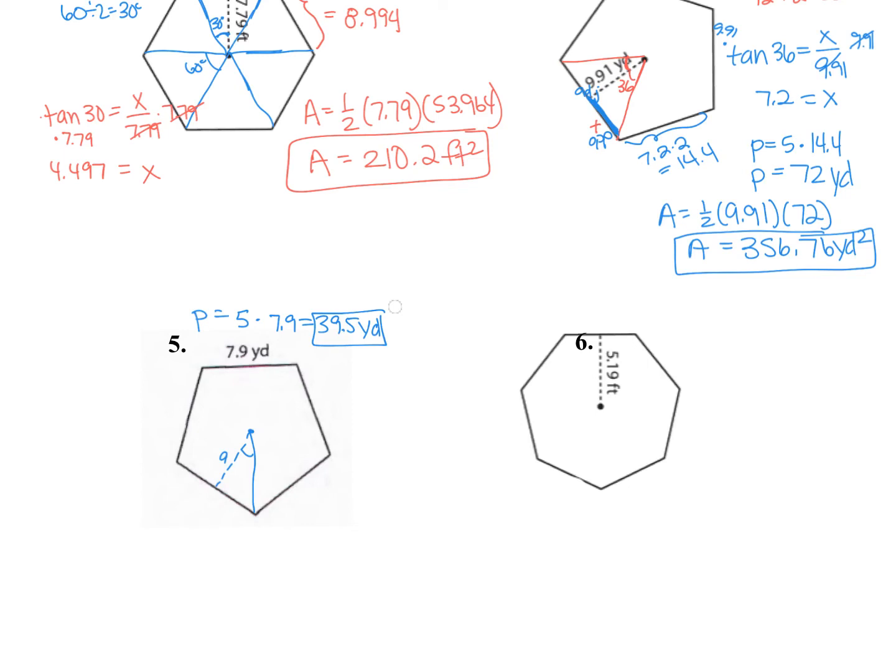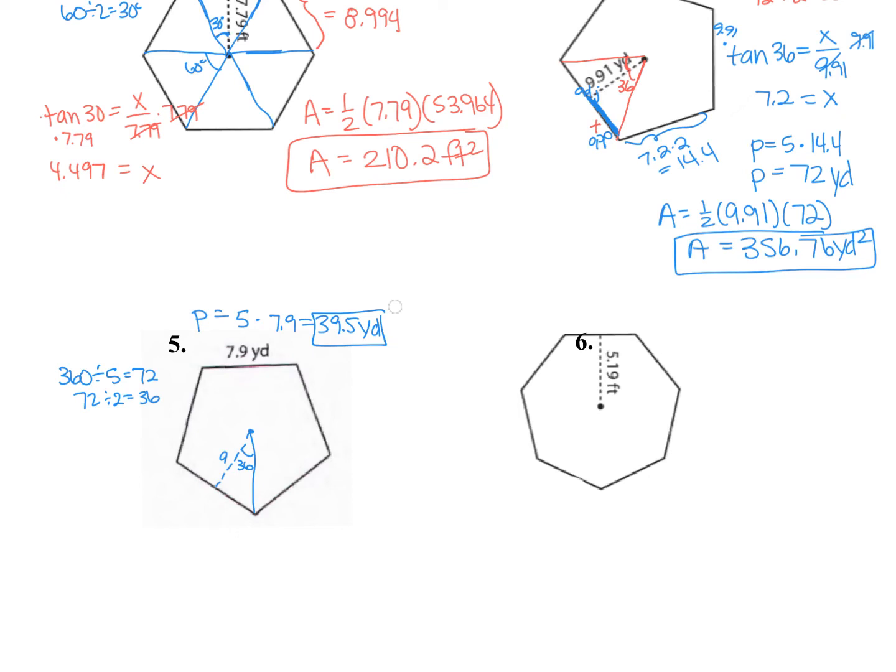And I'm now ready to find my apothem. So I'm going to do my same 360 divided by 5. Probably by now you know it's 36. But every time, this is how I figure out the little half of my angle. I take my 360 divided by my number of sides, and then I divide that angle in half.